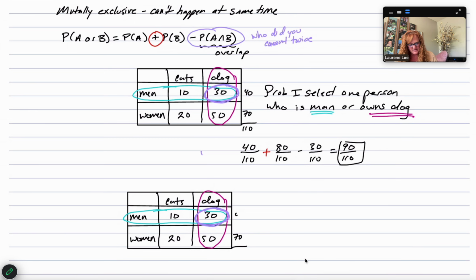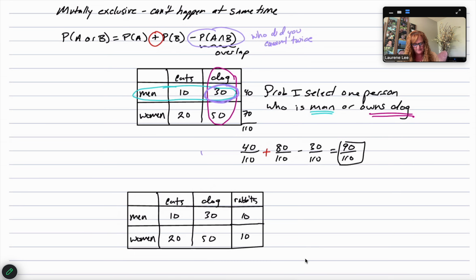Let's say we've got men and women, but now we're going to have cats and dogs, and what's our other animal? We'll see, rabbits.